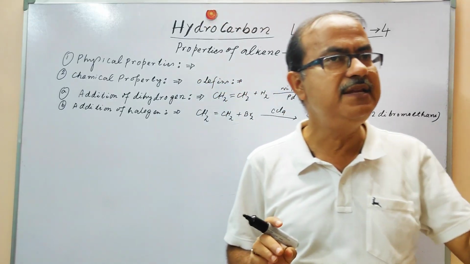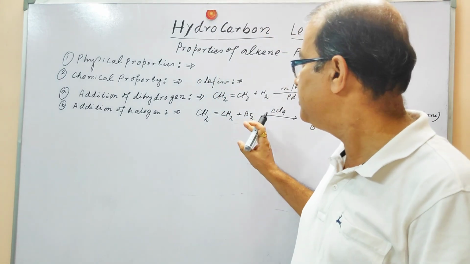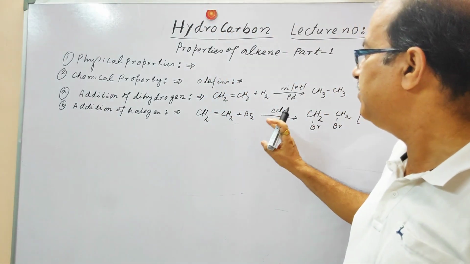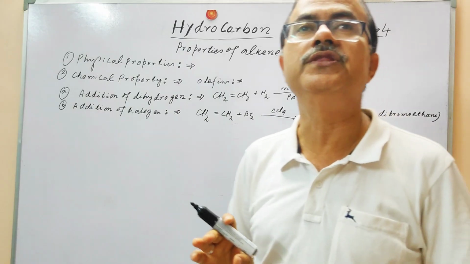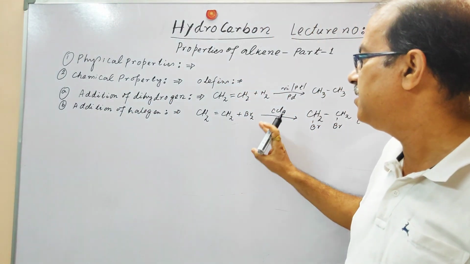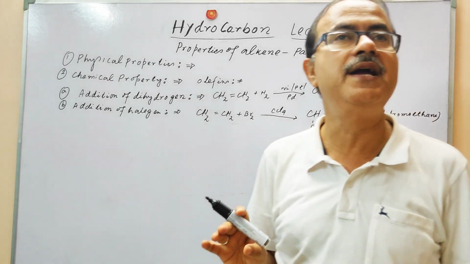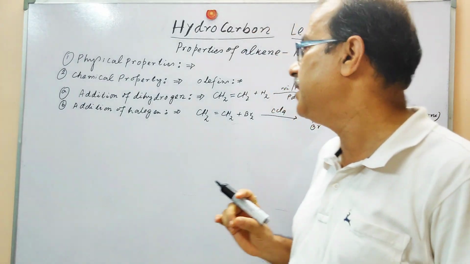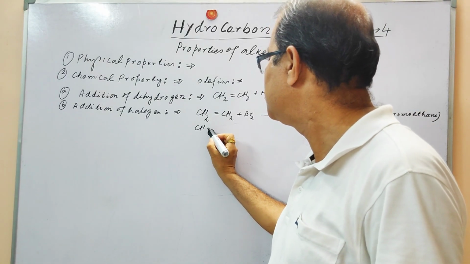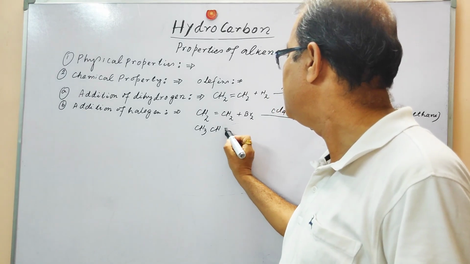So whether there is an unsaturation point can be tested with this test, and you can easily analyze it. So this chemical test of the alkene with bromine is very much useful to understand unsaturation in the hydrocarbons.